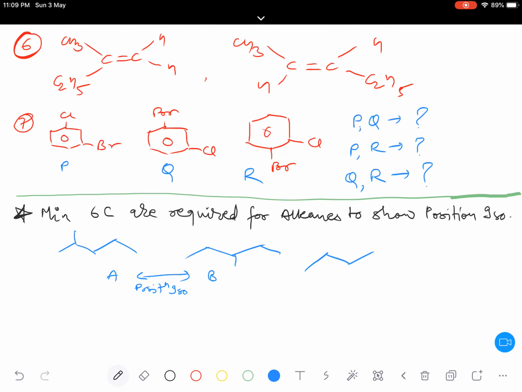Similarly, if I try to write 1 2 3, 1 2 3 4, C and D, they are again position isomers to each other, isn't that right? Now what can we write for alkene and alkyne?